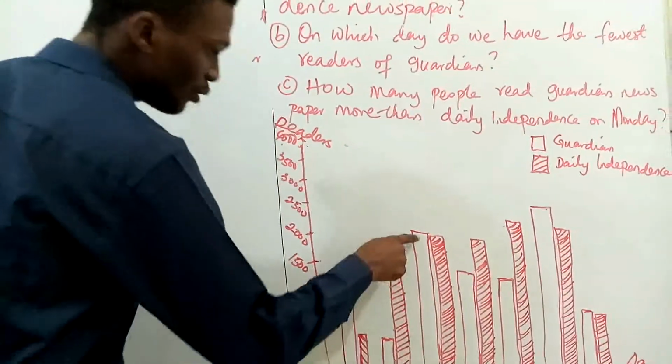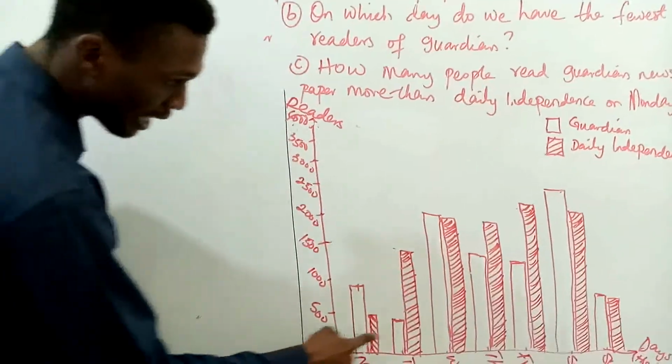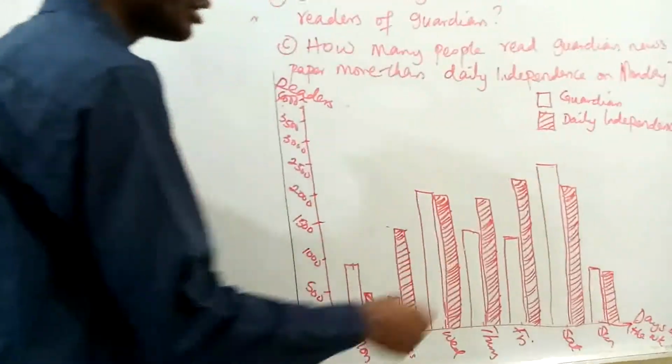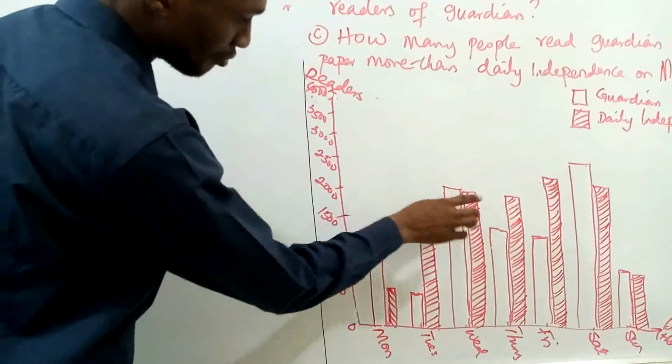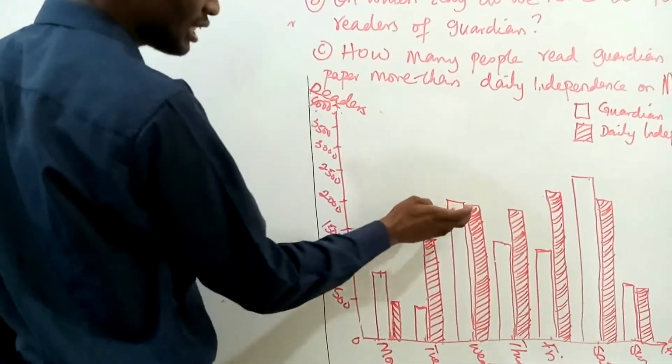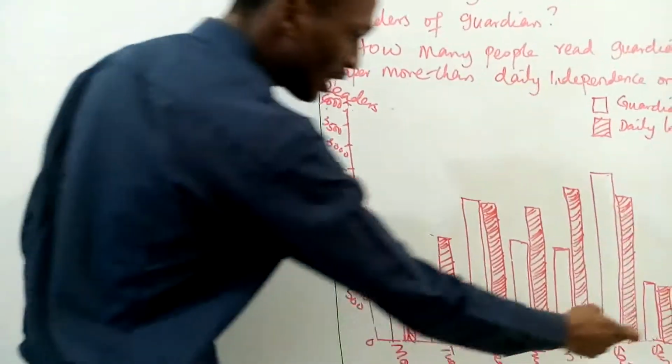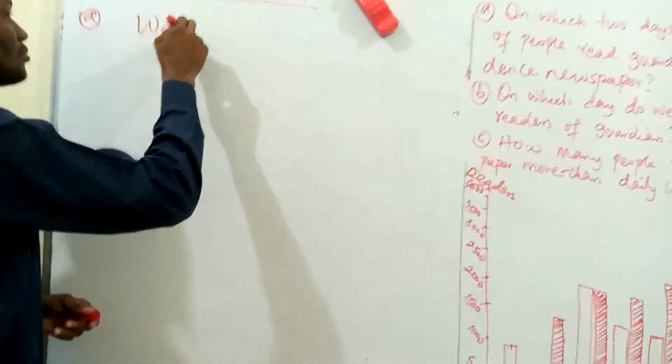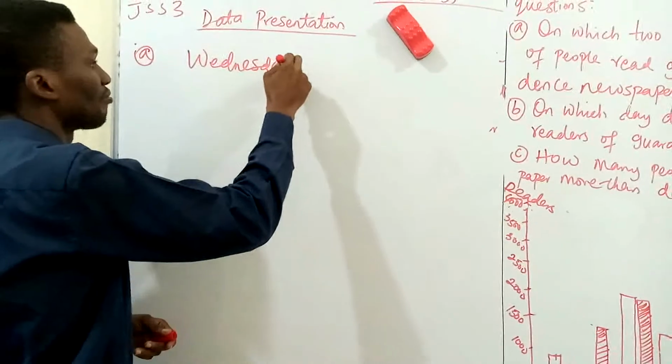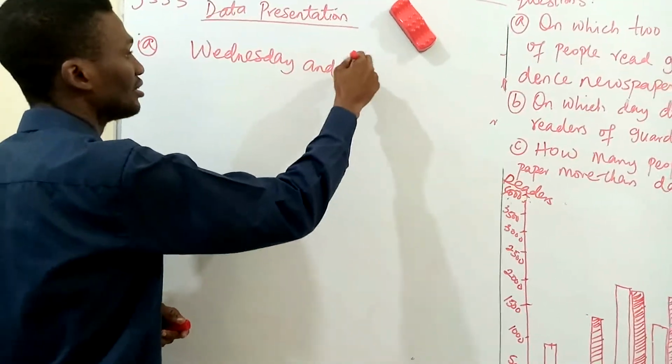We have Wednesday having equal length of bars, and we also have Sunday having equal length of bars. You can see the unshaded and the shaded representing the Guardian and Daily Independence on Wednesday and on Sunday. So the two days we have are Wednesday and Sunday.